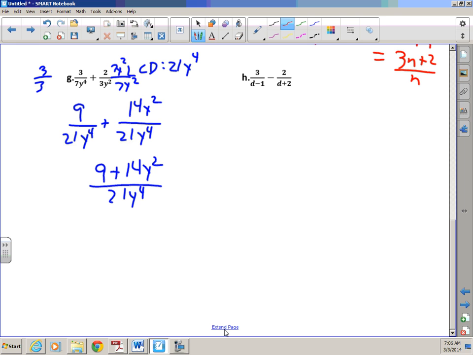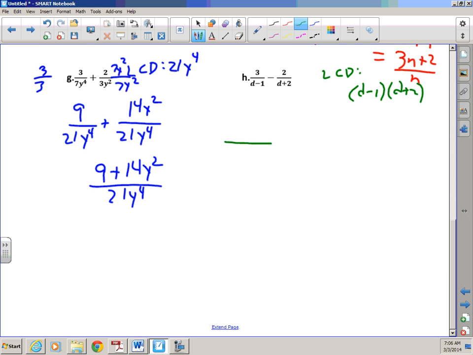Now, the last one is an example of what I was talking about, where I don't have a common factor for any of my denominators. Just going to use a different color here. So if that is the case, my LCD is d minus 1 times d plus 2.